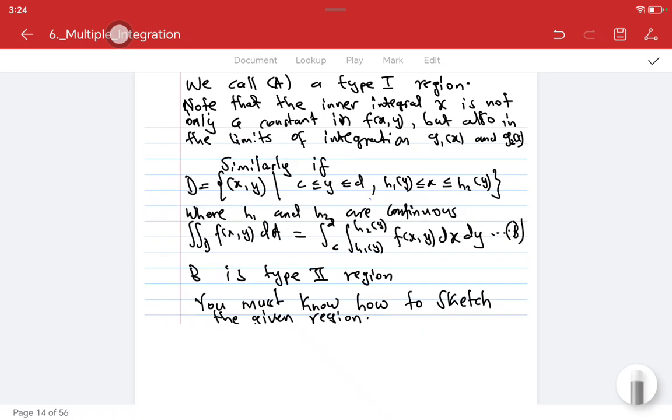How do we transition from type 1 to type 2? We can transition using a graph. Graphs are used to transition from type 1 region to type 2 region. And you can also transition without graphs, as we looked at in the first recording. If you haven't watched that recording, it means that you'll have a problem, right?